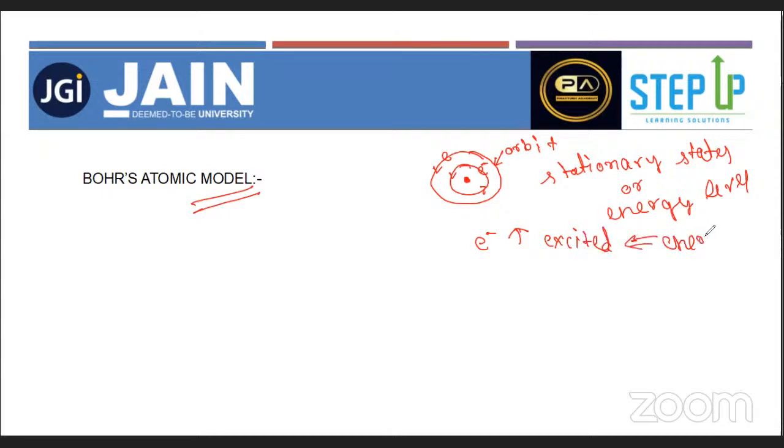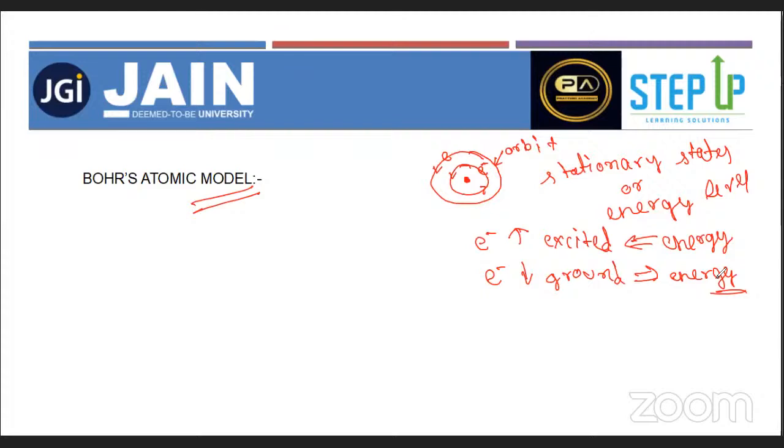If they take energy, they can go from a lower shell to a higher shell. And if an electron has to come down, it needs to lose energy to come to its ground state. It will give off energy and come to the ground state. Till there is no absorption or release of energy, they stay at their stationary fixed energy level. They can't change it.